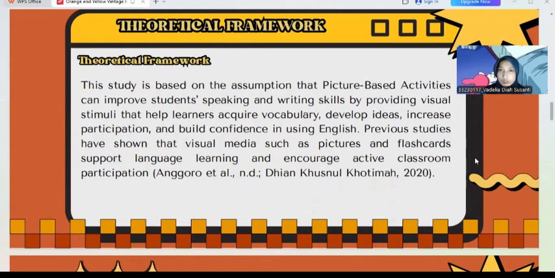Previous studies also support this idea by showing that visual media such as pictures and flashcards can improve vocabulary mastery, speaking performance, and classroom participation.